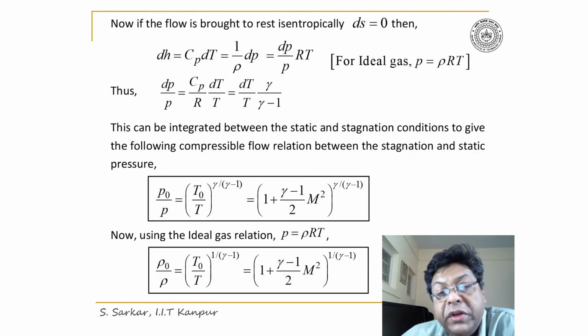Now if the flow is brought to rest isentropically, then I can write ds is equal to 0.